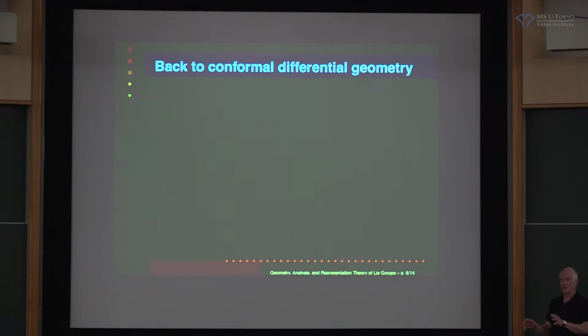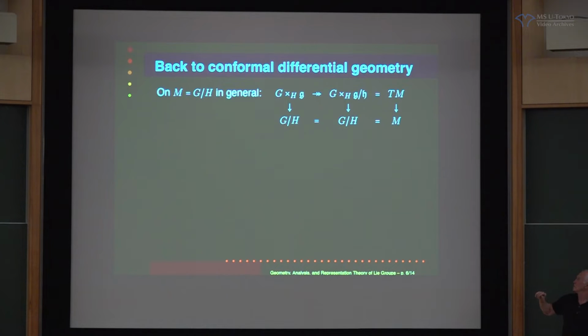All right, now, having had that little interlude and just that small observation on what happens if you're inducing from a representation of G, you can go back to conformal differential geometry. All right? So, first of all, in general, of course, the best representation of G is the Lie algebra.